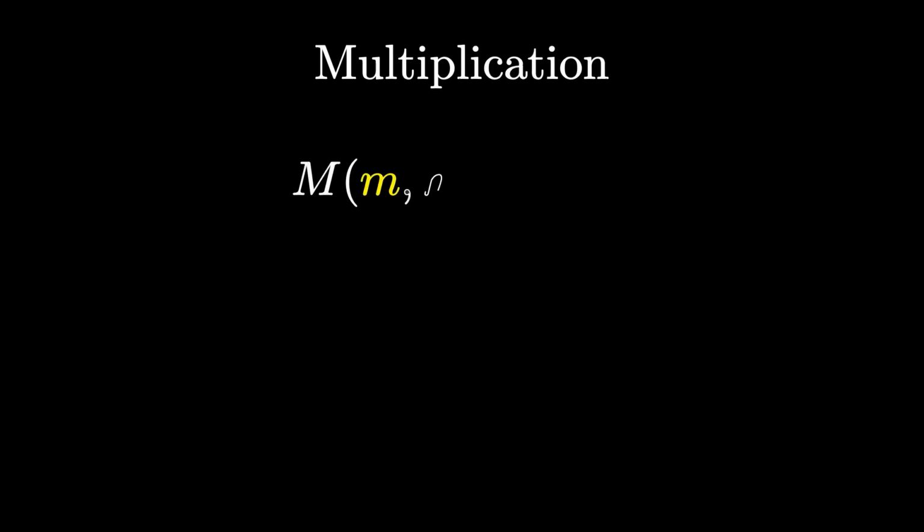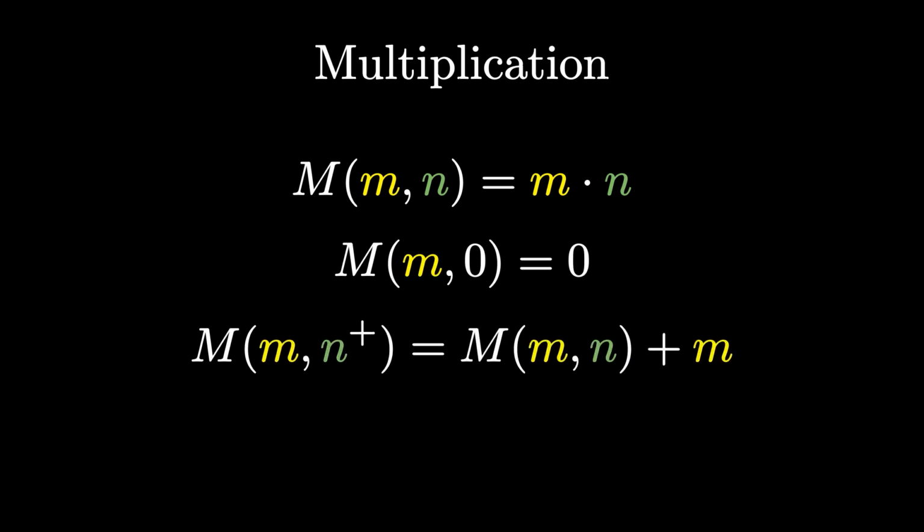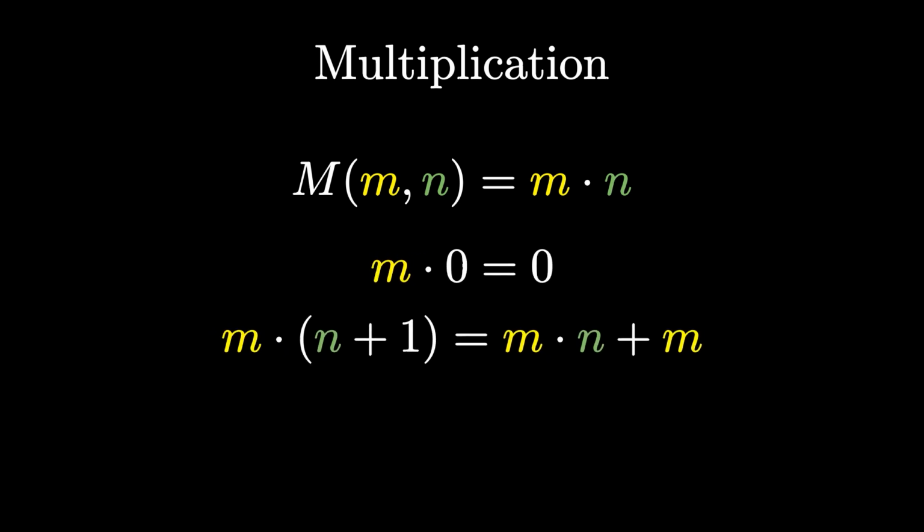Then we can use the addition we define to recursively define the multiplication function by m of (m, 0) equals 0, and then m of (m, successor of n) as m of (m, n) plus m. Again, rewriting in our usual notation, the definition becomes clear. Then you can go on to prove stuff like associativity and commutativity to show that indeed these operations are exactly what we want for the naturals.